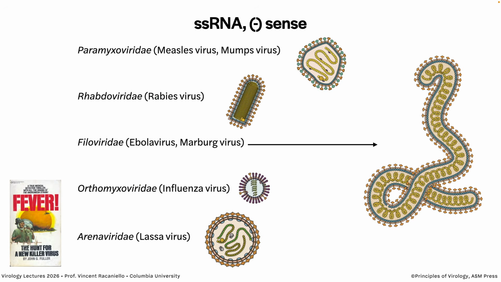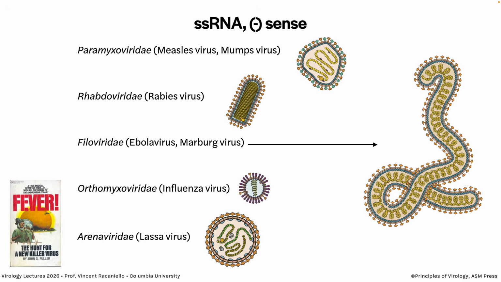So here are some examples of viruses with negative sense genomes. We have paramyxoviridae, which include measles and mumps viruses, rhabdoviruses, which include rabies virus, the filoviruses, Ebola and Marburg viruses, influenza virus, and the arenaviruses, which include Lassa virus.